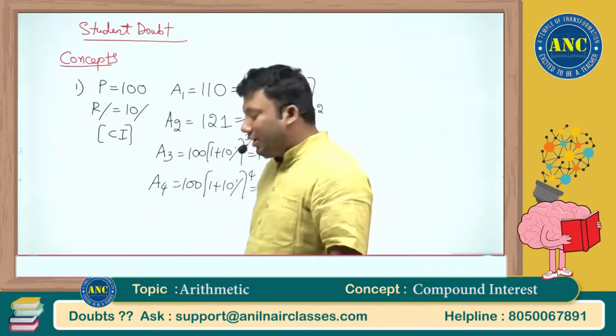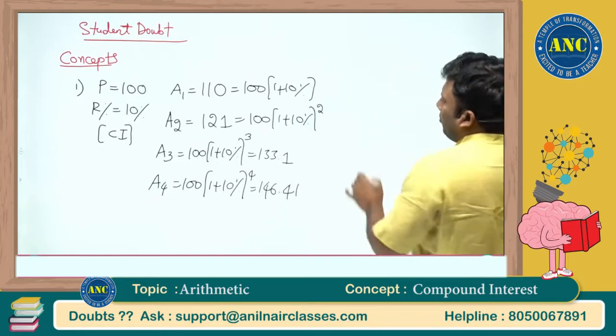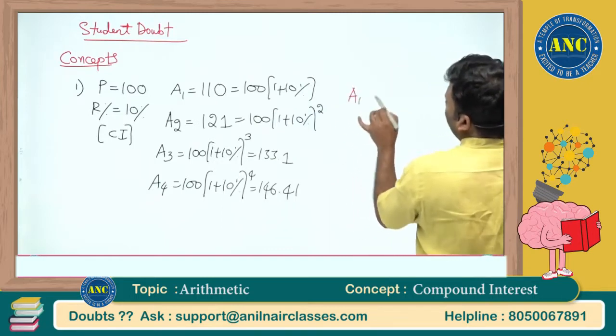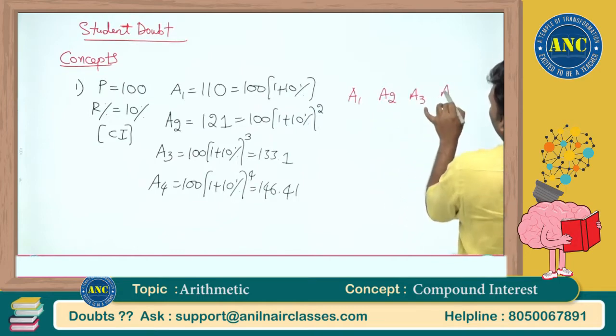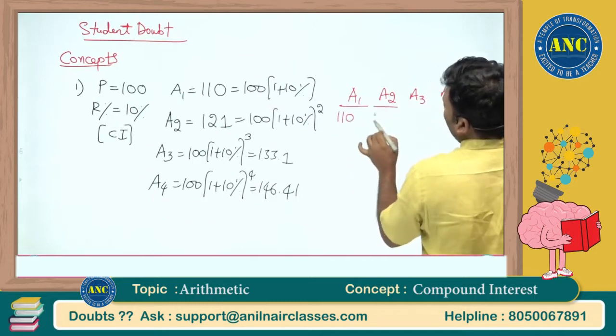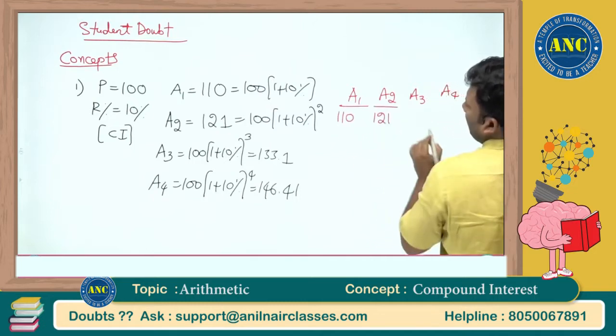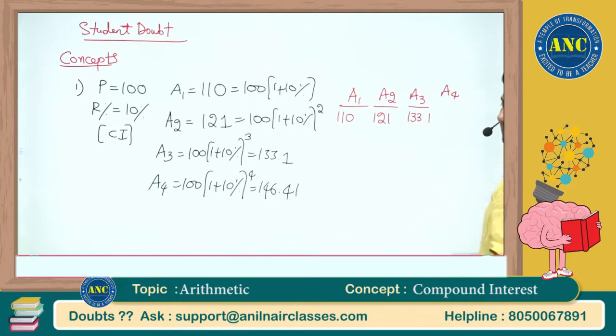Now listen carefully to this very, very important key point. Suppose I observe A1, A2, A3, A4. A1 value is 110. A2 value is 121. A3 value is 133.1. A4 value is 146.41.